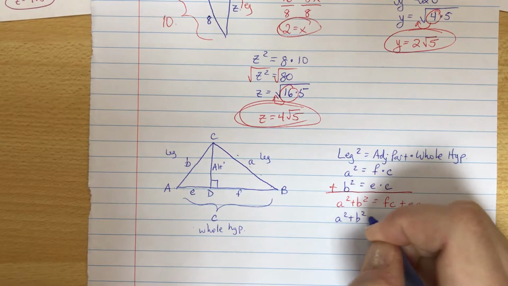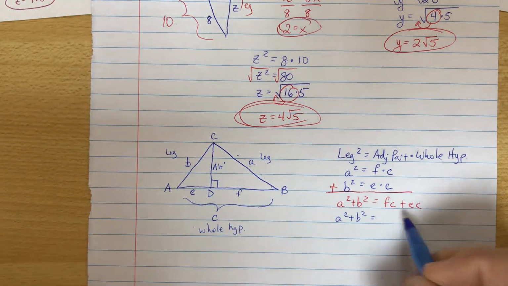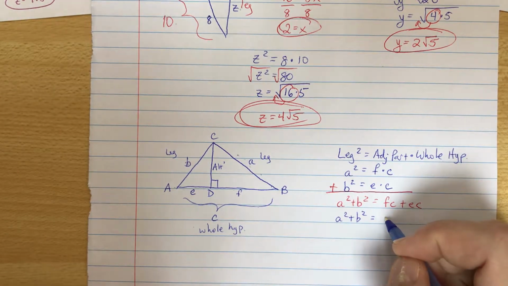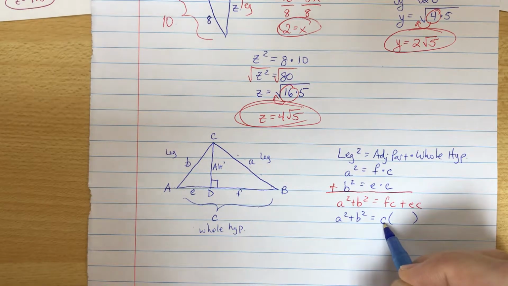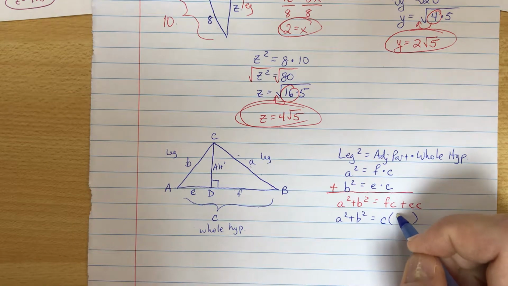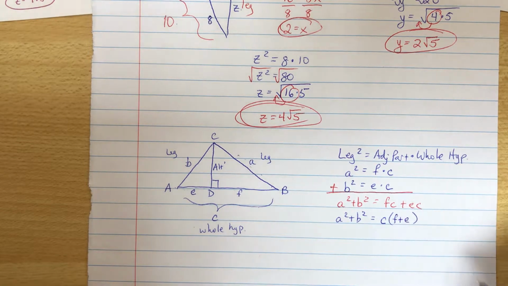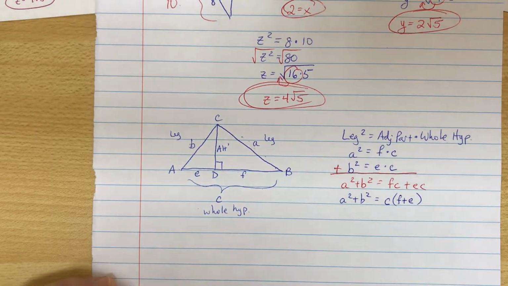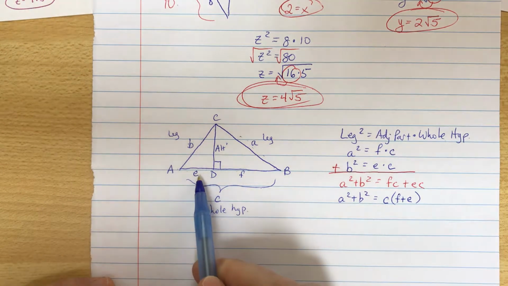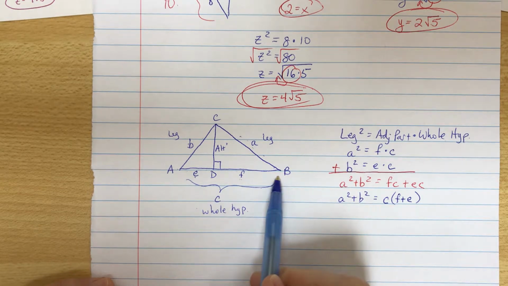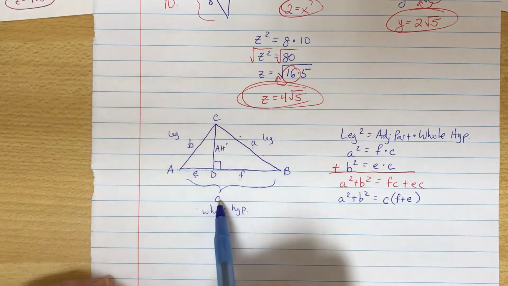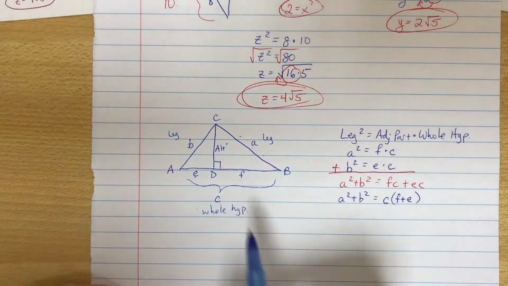Now, on that right side, since both of these have a C, I'm going to factor out the C. I'm going to pull that out of the parentheses, and what would be left is F plus E. Now, if you look in the picture, E and F, if you add those, doesn't that give you the whole hypotenuse? E plus F is equal to C.